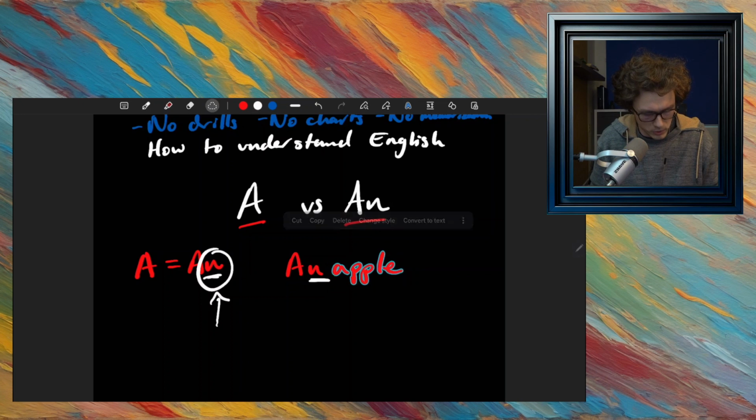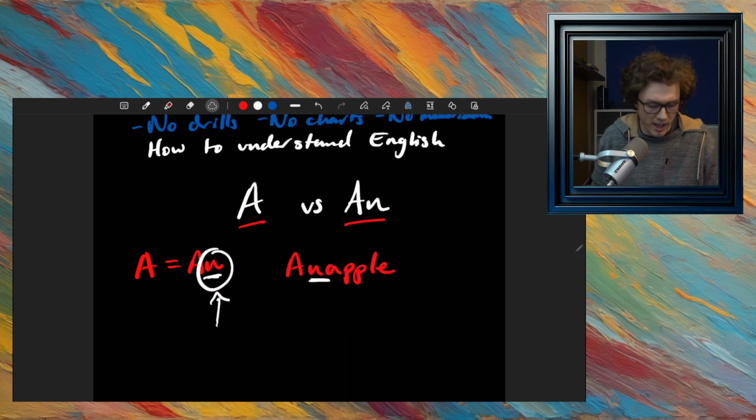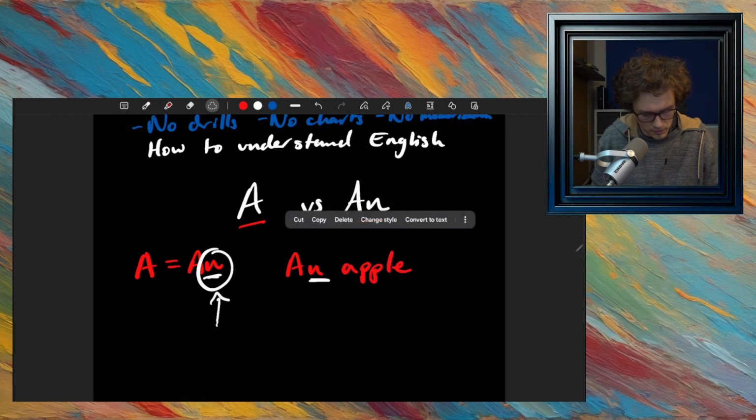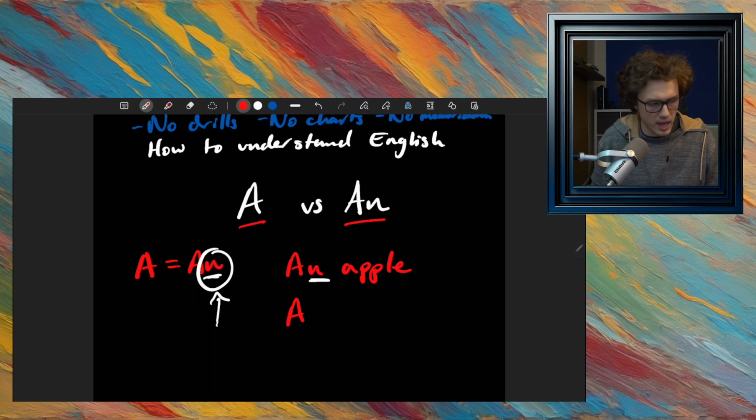I can actually grab this word and it sounds basically like that. An apple, right? Or what about an eraser. Oh, do I know how to spell that word? Yeah, an eraser, right? To erase something with an eraser.